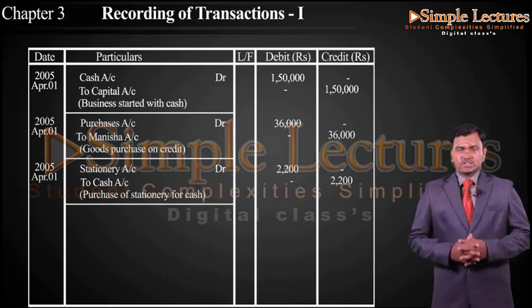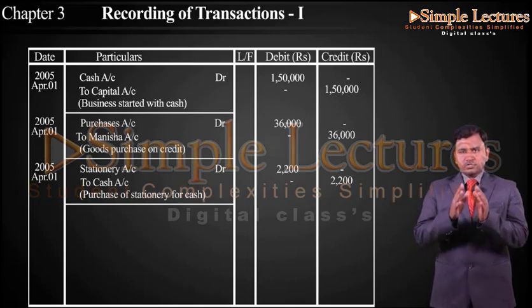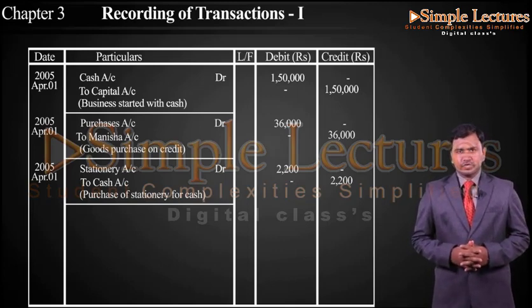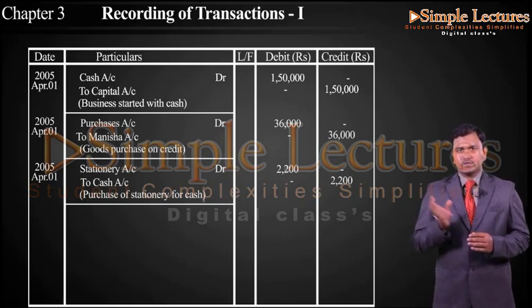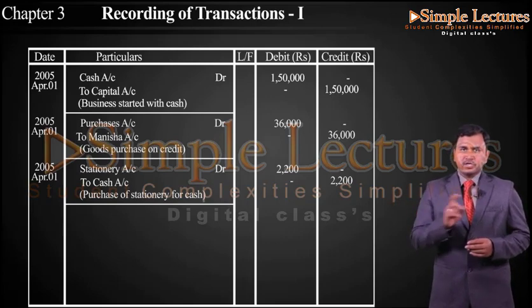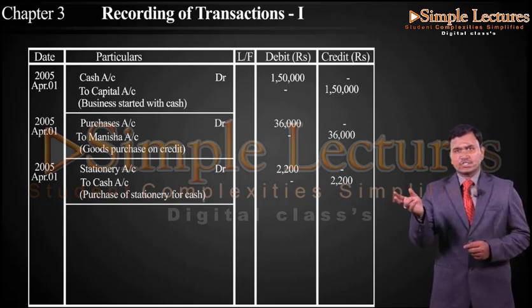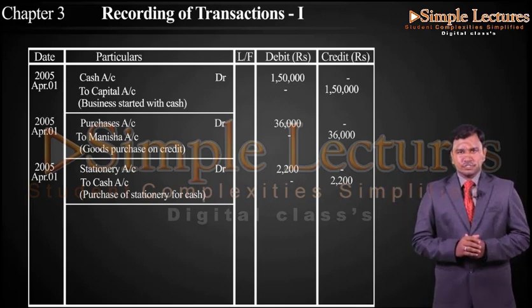The next transaction is on 2/4/2005 open a bank account with SBI for rupees 35,000. You can understand the transaction here where the cash is deposited into a bank. To open a bank account, 35,000 were deposited into the bank, where cash is going outside the organization and on the other side it is deposited into the bank account of the organization itself.